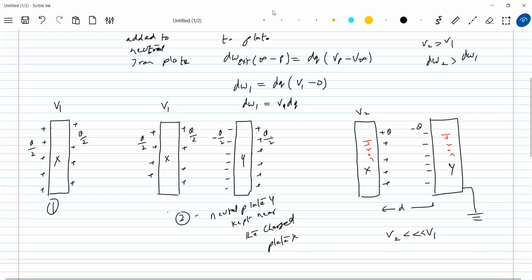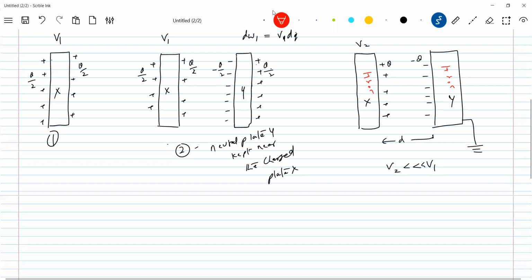So I'll write the reason now. The potential of plate X can be increased by giving additional charge to it.